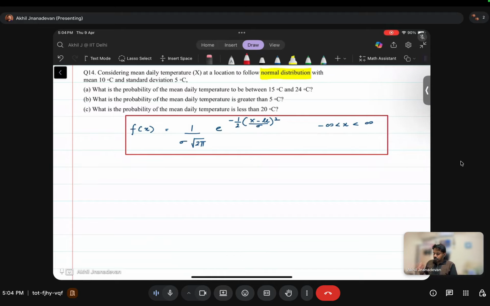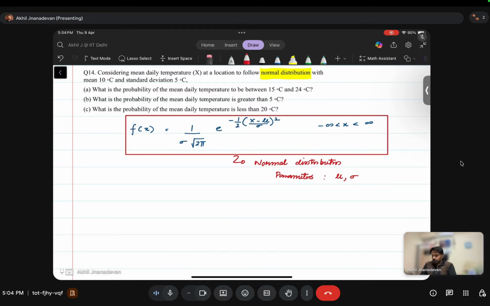This seems to be a complicated equation. It has two parameters, the mean and the standard deviation, mu and sigma. It is a two-parameter continuous distribution defined from minus infinity to plus infinity, and this is the PDF.